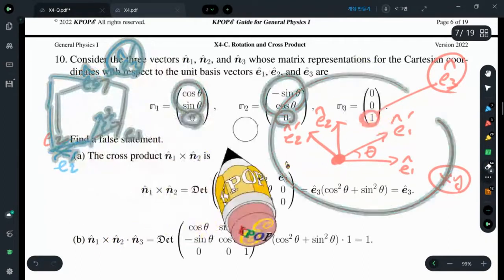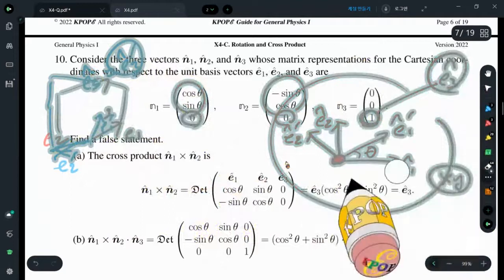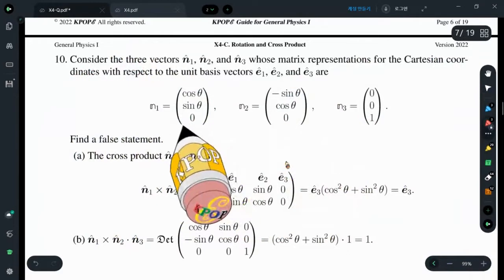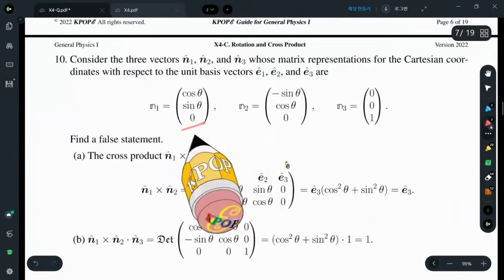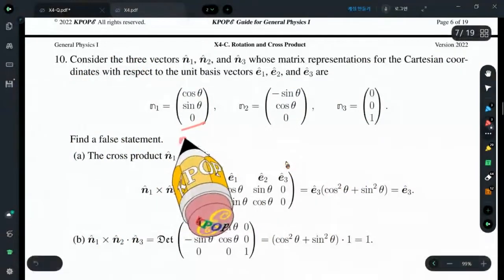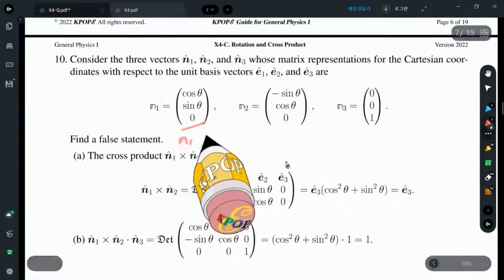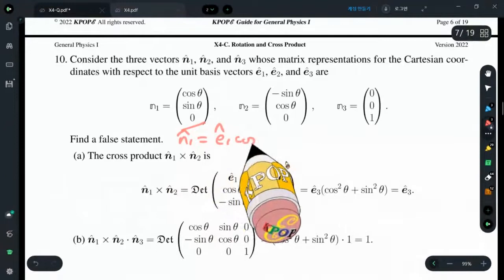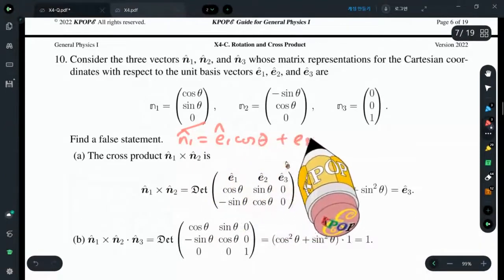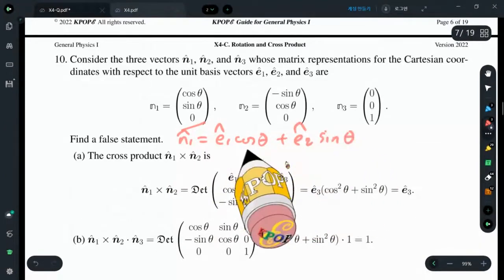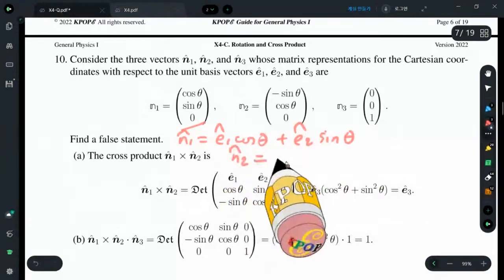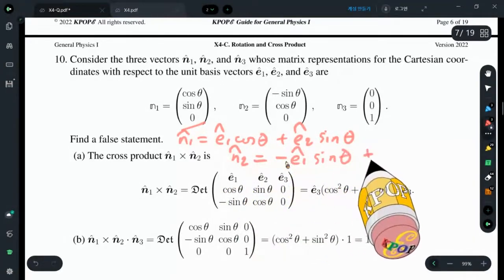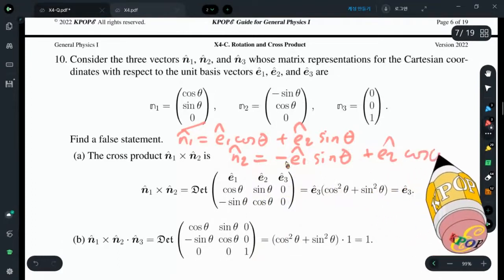Using this one, we can compute the following thing. This one is in vector notation. N1 hat equals E1 hat cosine theta plus E2 hat sine theta. And N2 hat equals minus E1 hat sine theta plus E2 hat cosine theta.